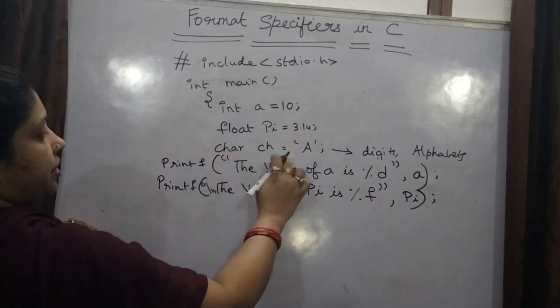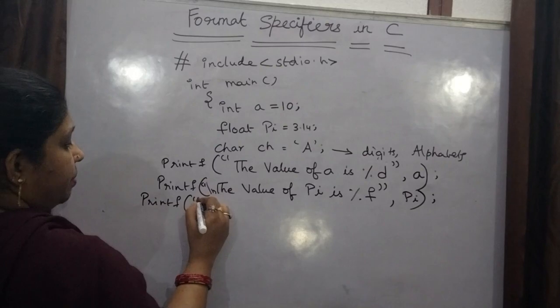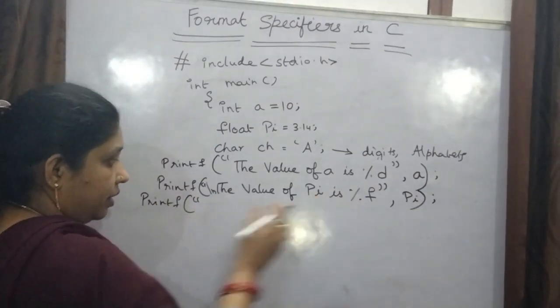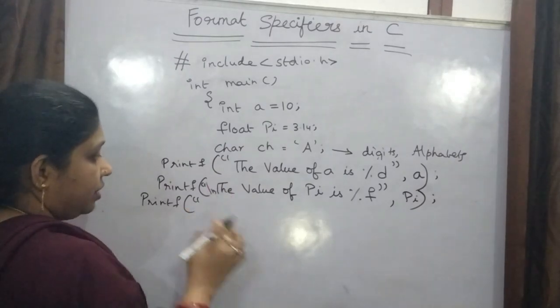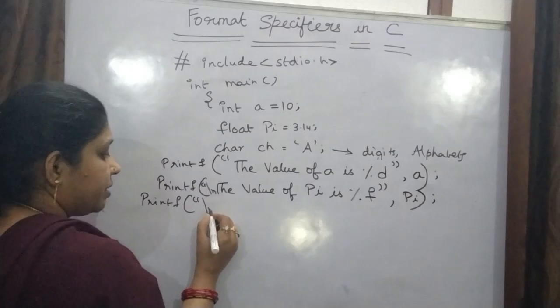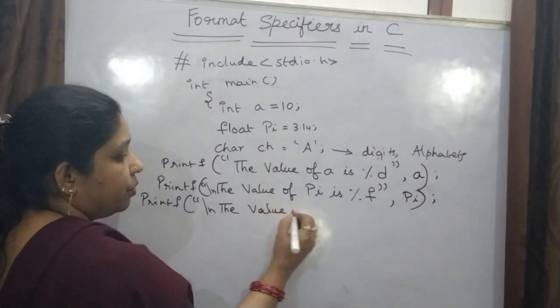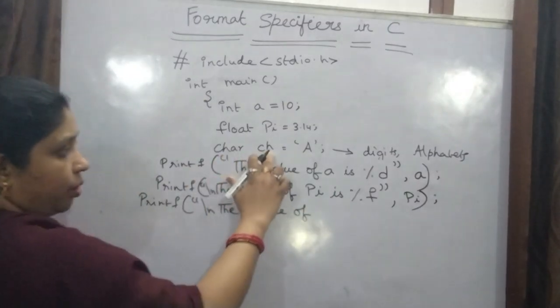Next I am writing for this. printf, open the brace, double quotes. Now again I want to print this next statement in the next line. So \n, the value of which one? The ch value I want now.